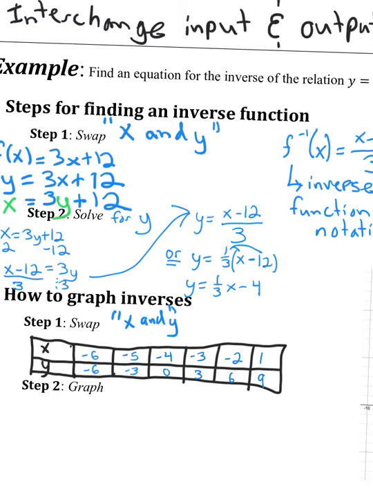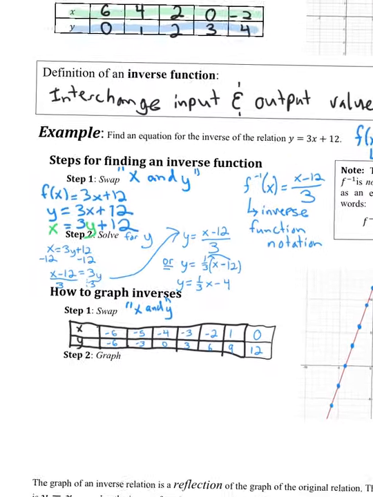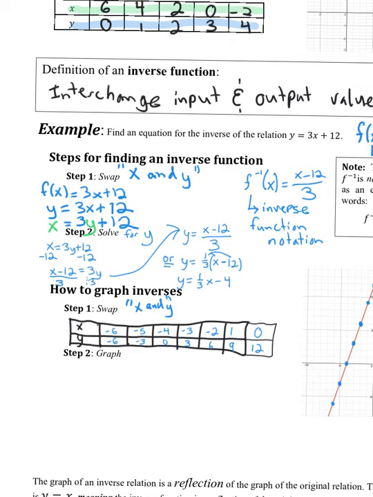And then finally, I ran out of space. My last one was 0, 12. So I create this whole table of values. And if I want to do an inverse, then I just swap the x and y's. So I can call this one right here my original. And then down here I'll do another table, it's just the inverse, and write down the swapped values.